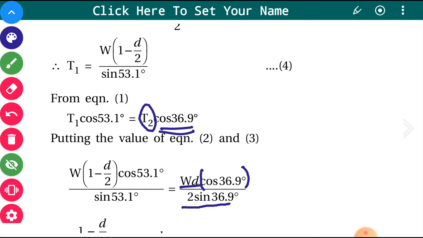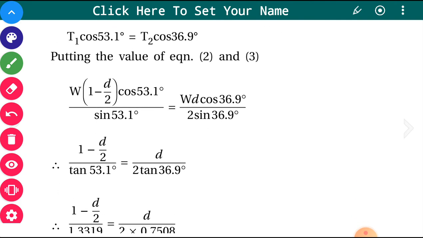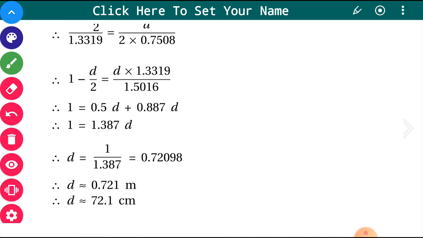Then this sin upon cos is made 1 upon tan theta, and it has been simplified. Here W is cancelled out, so tan theta is in the denominator, and those values you can see from the natural tangent table, and easily the value of D can be calculated.